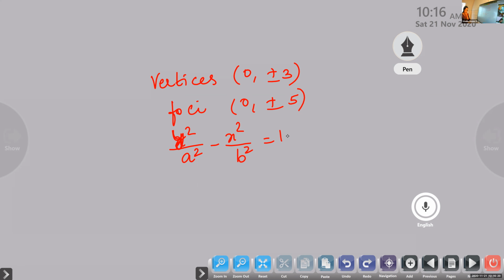So compare this one and give the equation. We can do one thing. Next period we can do straight lines, revise straight lines.